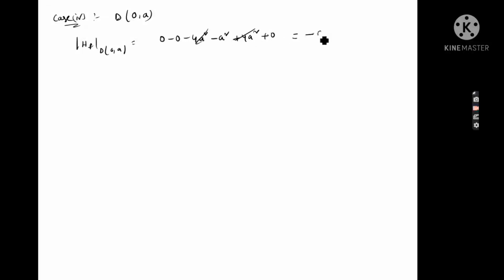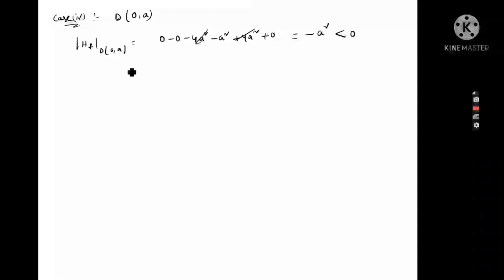Next, the fourth ordered pair you have to check. So case 4, that is D (0, a). Now mod HF at D (0, a) equals 0 minus 0 minus 4a square minus a square plus 4a square plus 0. So this one gets cancelled. Again we get minus a square, which is less than 0.